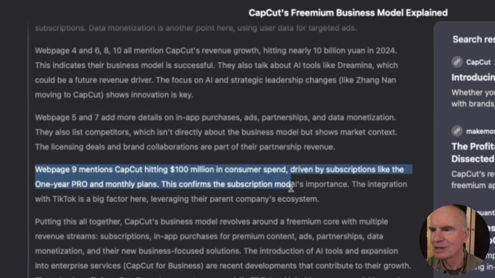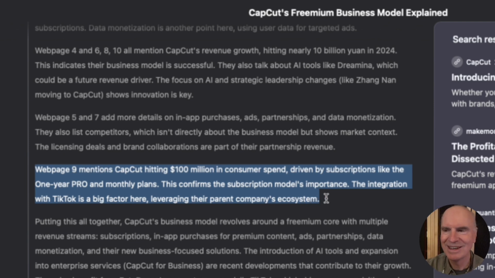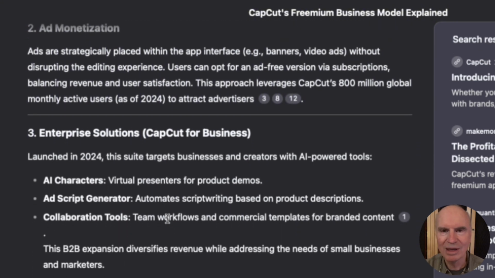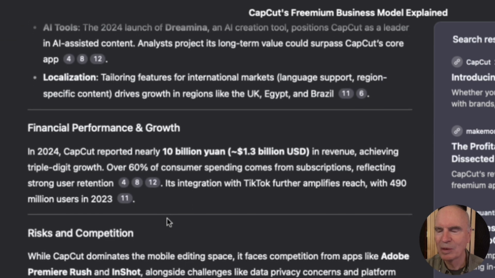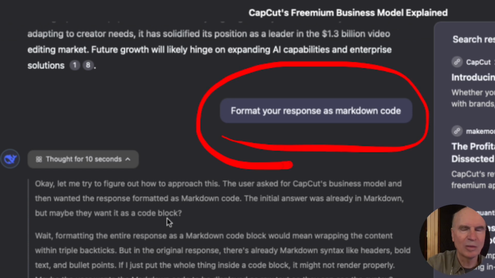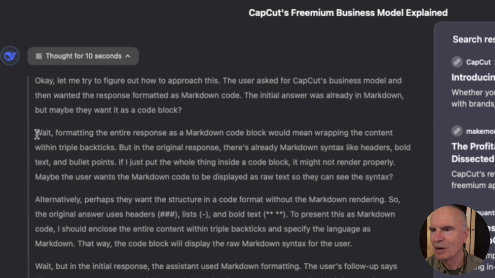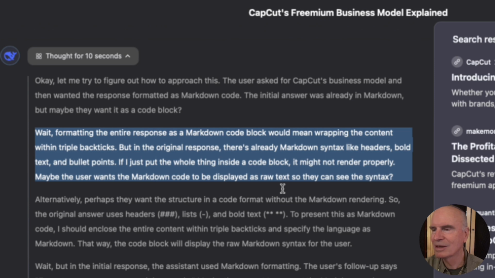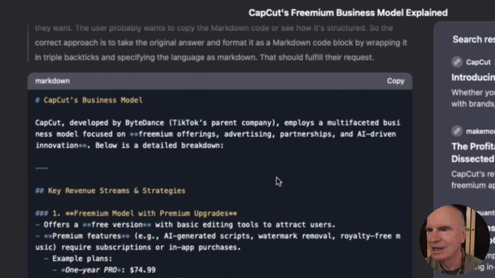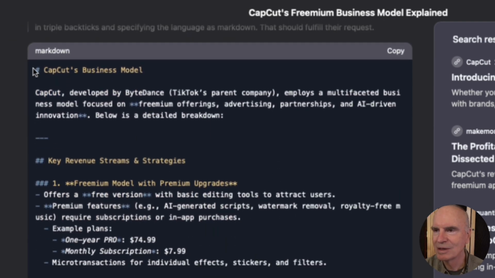Web page 9 mentions 100 million in consumer spend, and then it creates a nice outline that I used in my presentation, because I then ask for it to format your answer in Markdown. What's he talking about? Oh, wait, formatting as a Markdown code block would mean wrapping the contacts with triple backticks. Okay, so it thinks through how to do it, and then look, it generates the code.